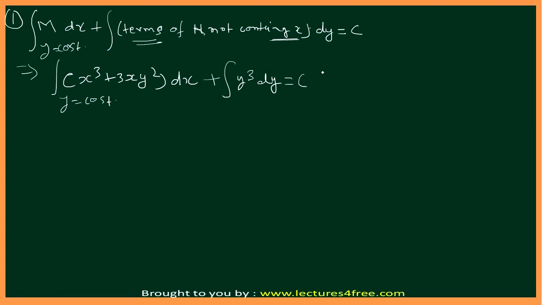So what answer will you get? The integration of x³ is x⁴/4, plus the integration of 3xy², where we are treating y as a constant. Keep 3y² out of the integration, and the integration of x dx is x²/2.